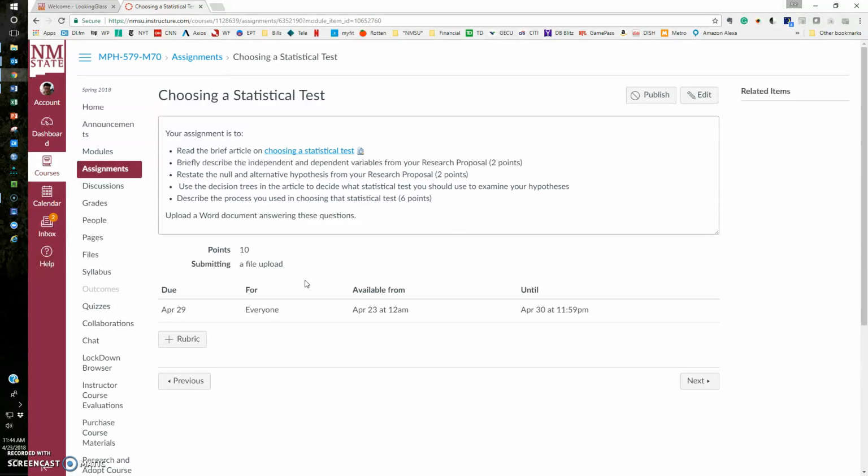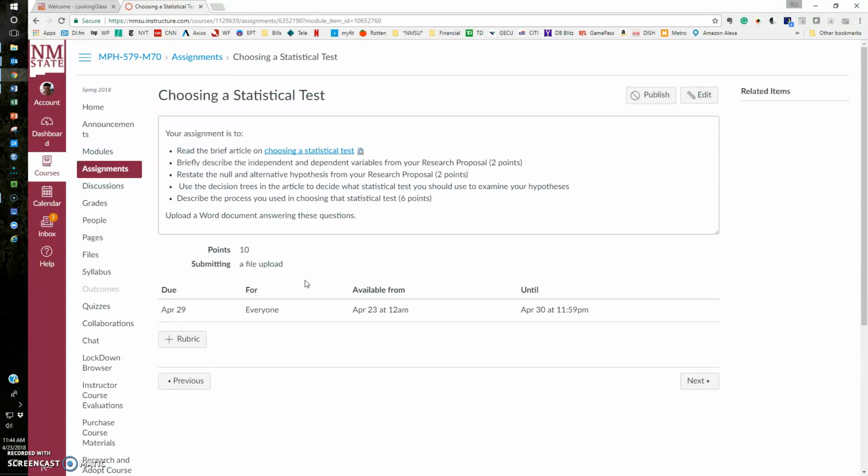But then for the document, and it's a 10-point assignment, I just want you to remind me of the independent and dependent variables from your research project. I want you to restate the null and alternative hypotheses from that research proposal as well.